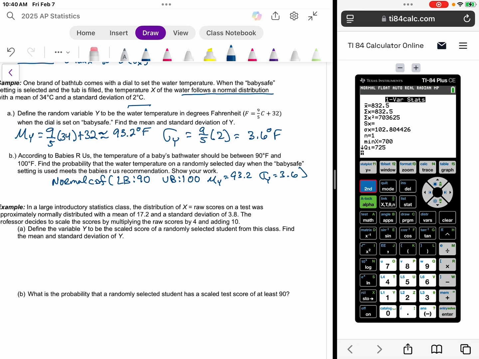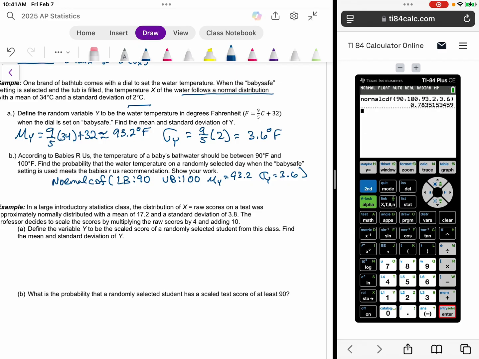So now we just go second vars, go ahead to normal CDF, 90, 100, 93.2, and then 3.6. And then I hit enter a couple times.